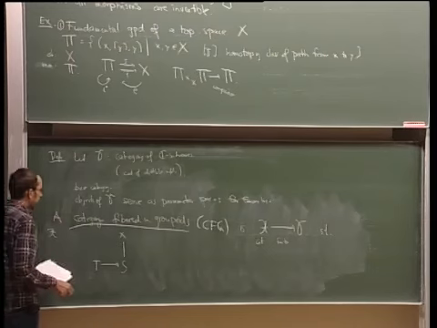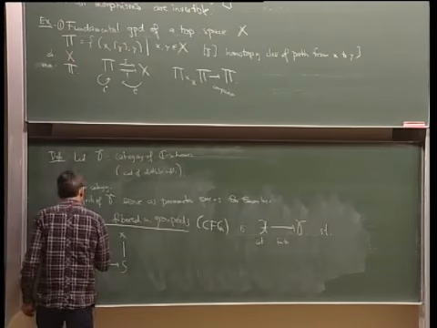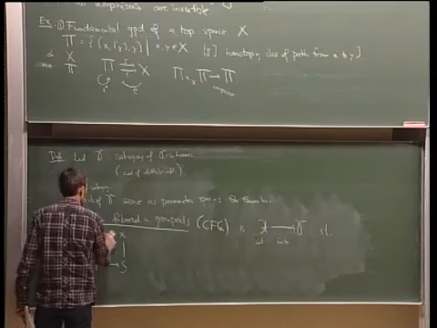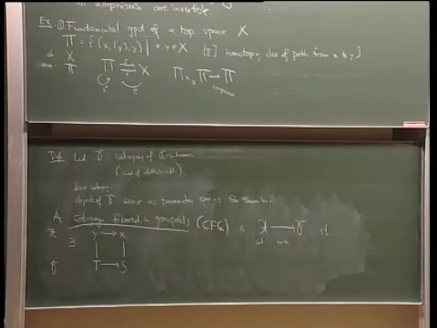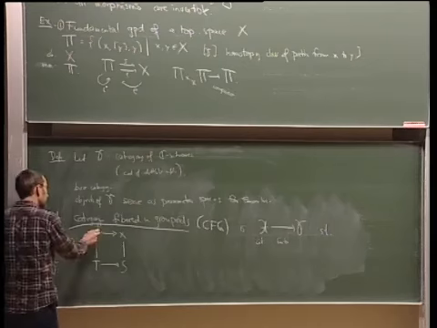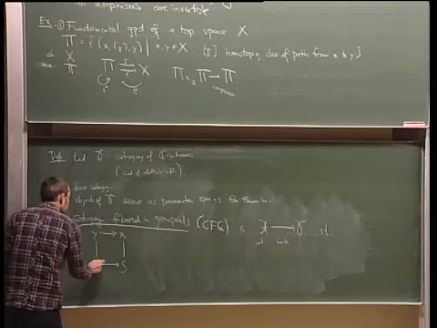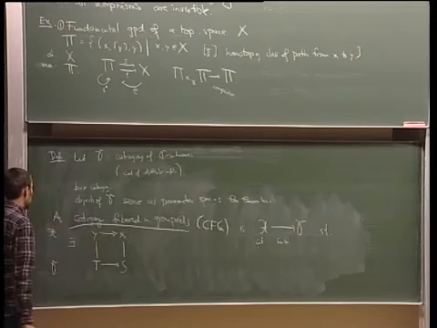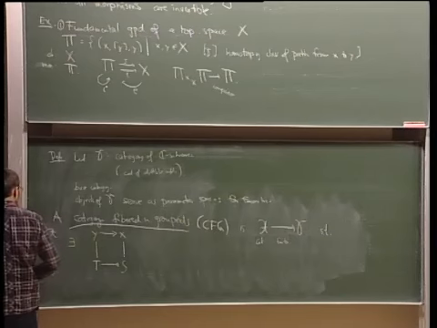So whenever I have this diagram, then there exists y over t and an arrow from y to x, which lies over that one. This morphism sends that arrow to that arrow. So this is the first axiom.